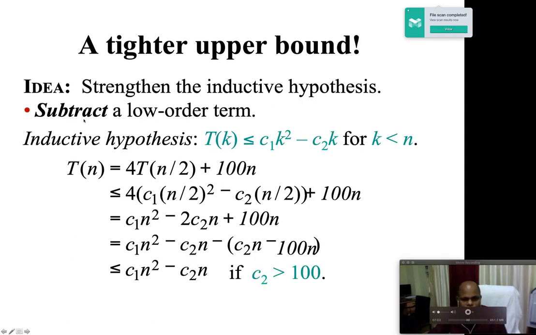Now if you want to prove the tight bound, similarly you can show the lower bound of this, and you can prove that C2 is greater than or equal to 100 in a similar way.